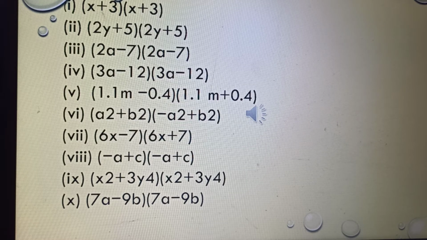One is plus and another is minus, so b square whole to the power of square minus a square whole to the power of square. Note it is a to the power of 4, that is the correct way. So a square plus b square minus a square plus b square. So b to the power of 4 minus a to the power of 4 is the answer.